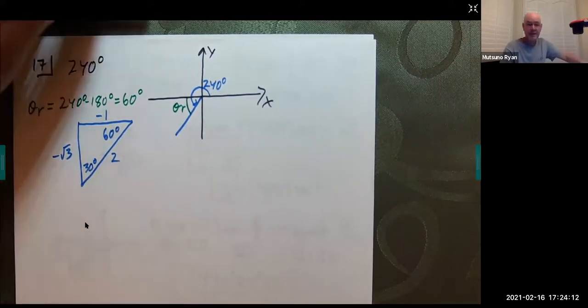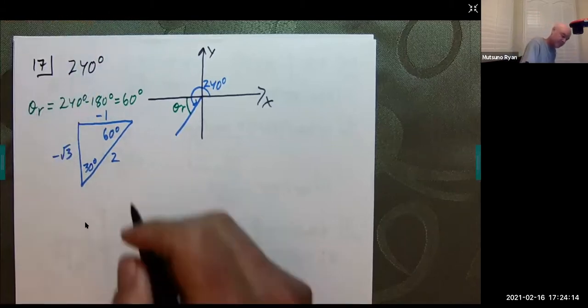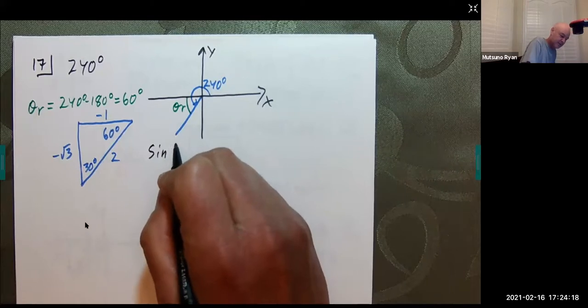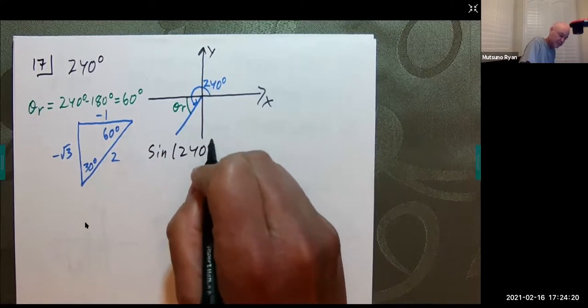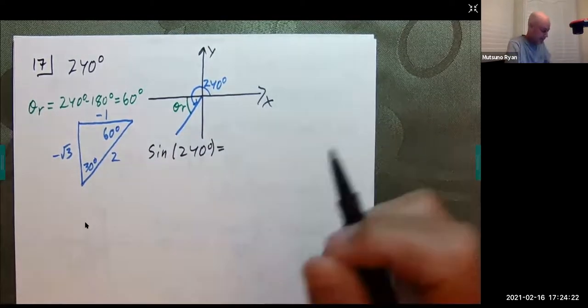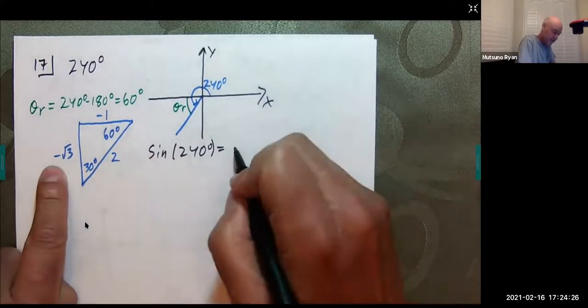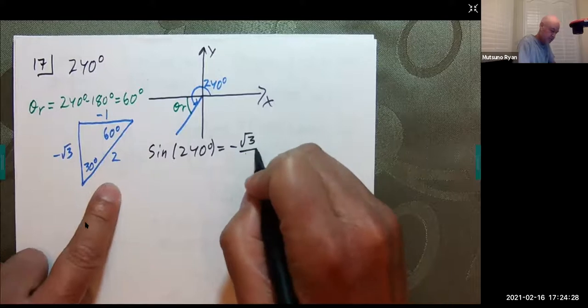So now they want us to find sine, cosine, and tangent. Sine of 240 degrees is going to be the opposite, negative root 3 over the hypotenuse, over 2.